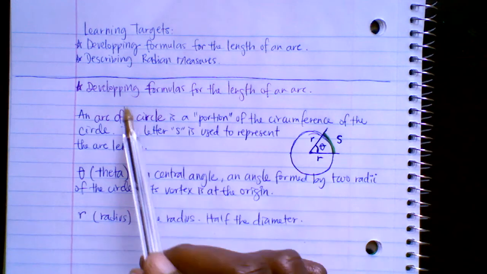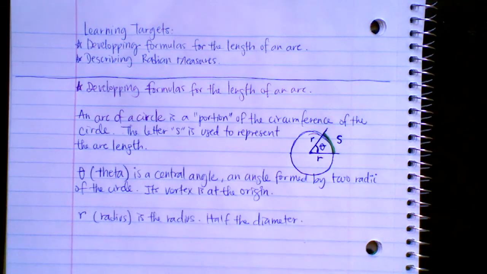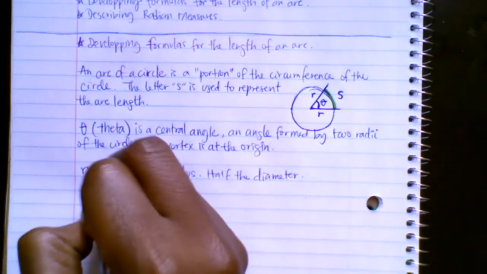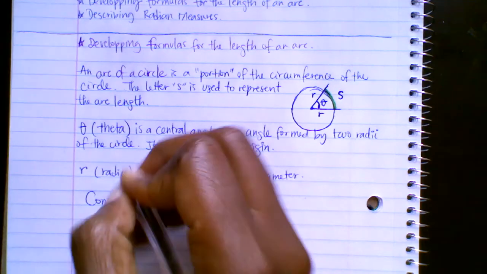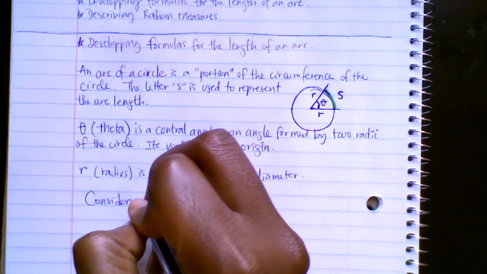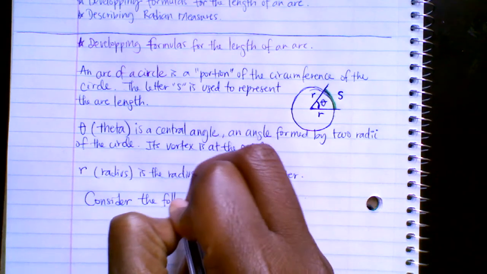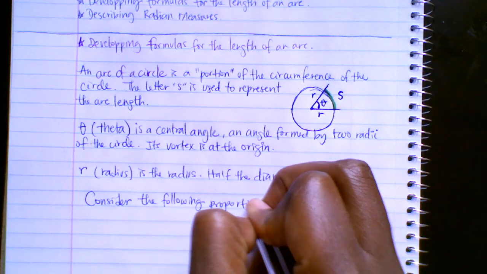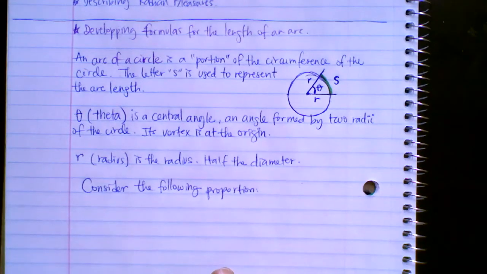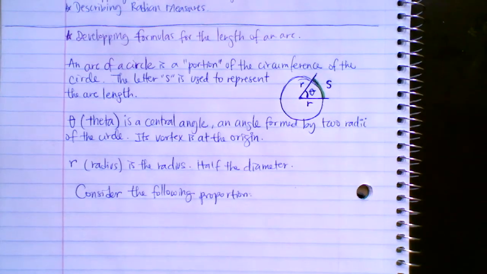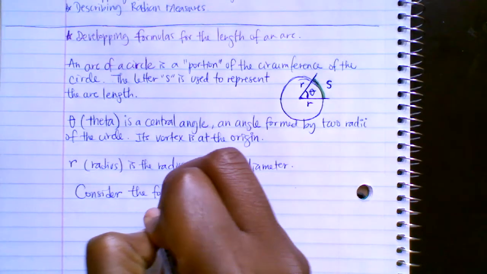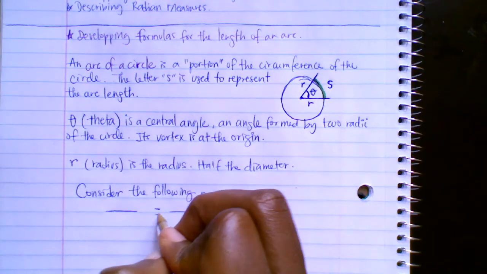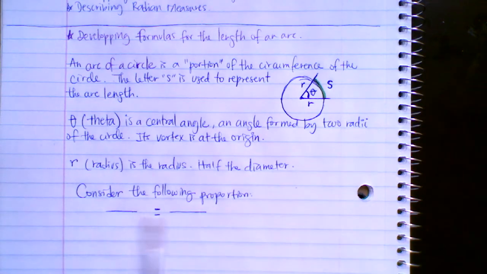Now let's develop the formula for the arc length. What I want us to do is consider the following proportion. I'm going to set two fractions separated by the equal sign because they're equivalent.